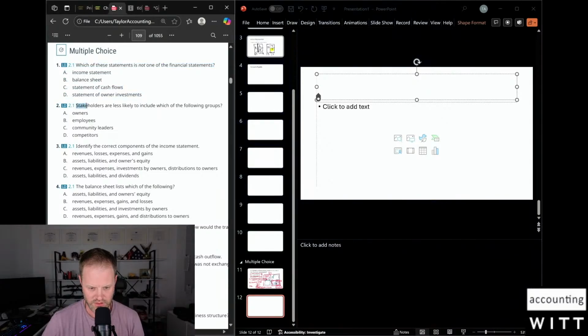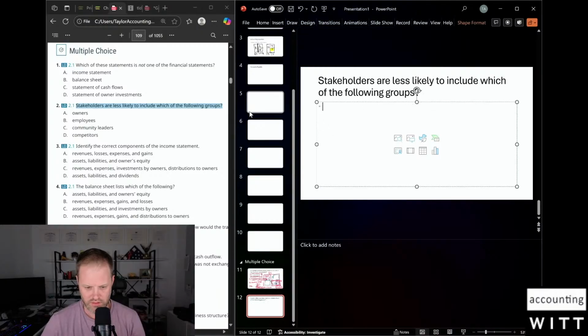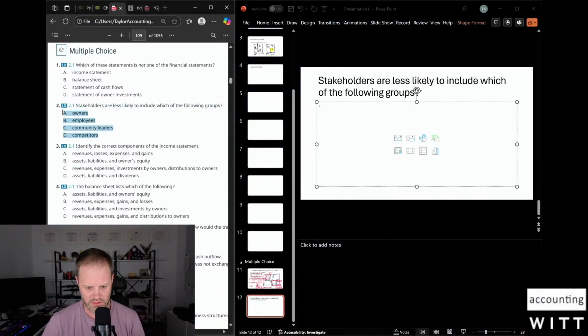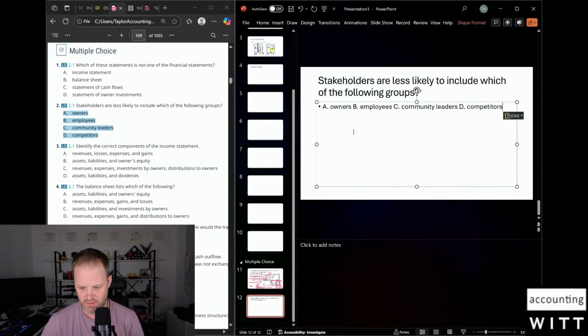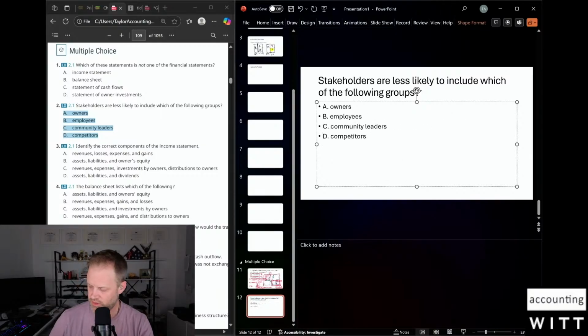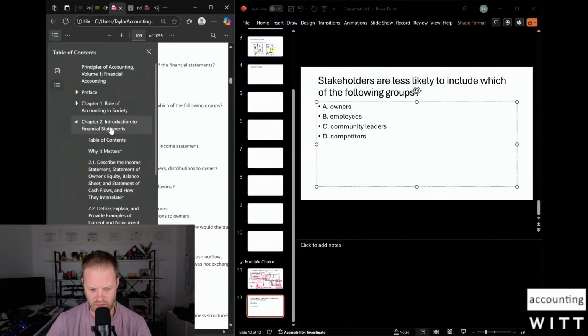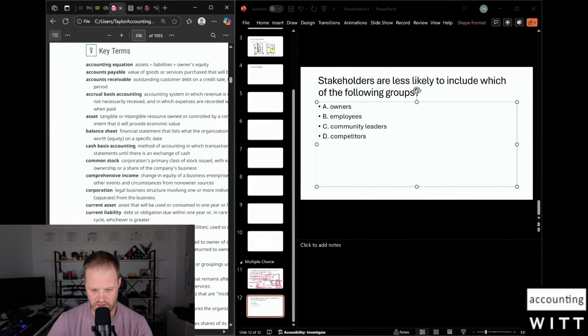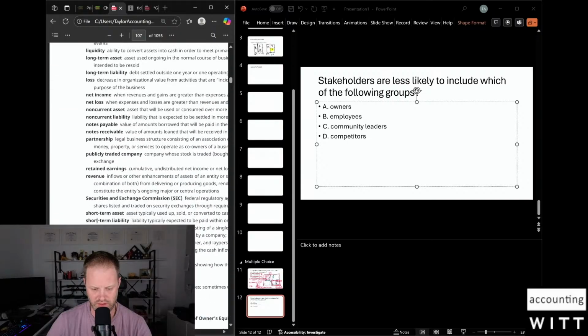Stakeholders are less likely to include which of the following groups? So, who are stakeholders? How do we define a stakeholder? Well, let's just check the glossary, see how it defines stakeholder.